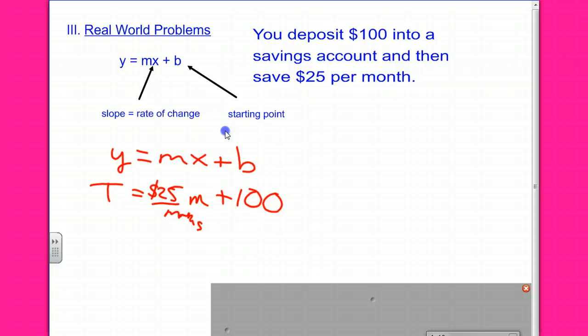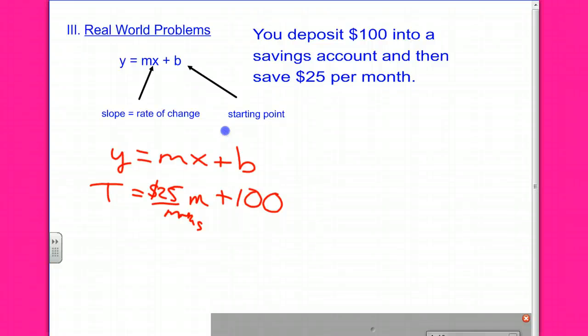Or s for my savings equals 25m plus 100 or whatever. Okay? Do you understand that it's a linear equation even if we use different variables? It's still a linear equation. Okay? So we're getting to the point of being able to write and graph real world examples, which we could certainly do here.